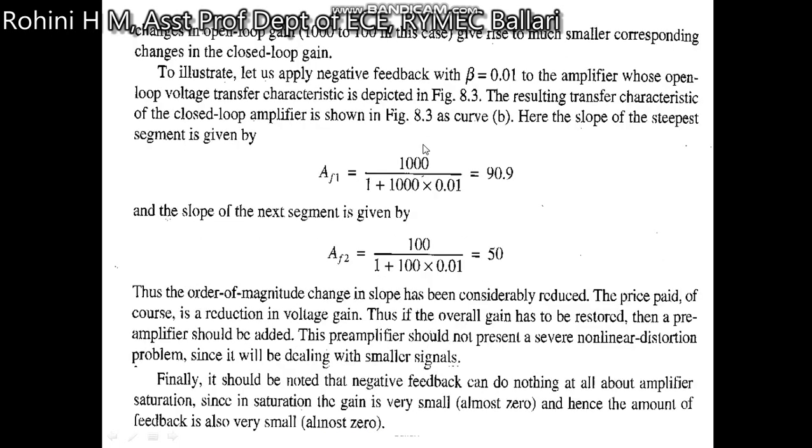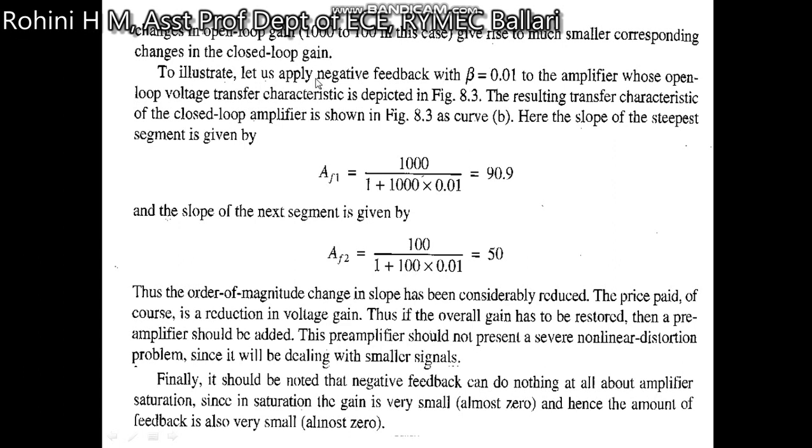So the large changes in open loop gain, that is 1000 to 100 in this case, give rise to much smaller corresponding changes in the closed loop gain. So here also gain changes, but it is very small compared to curve A.